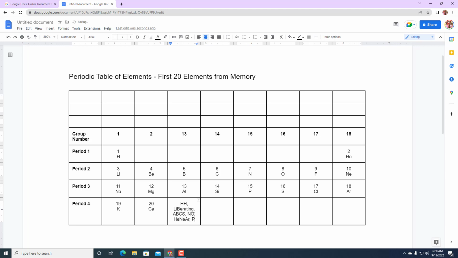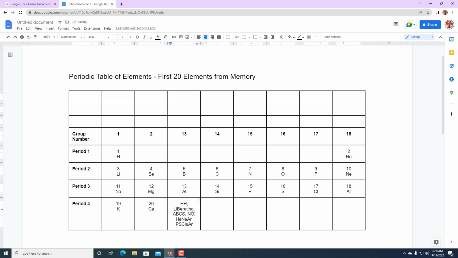So P's clear, Cl, Ar. So just some ways to remember some of the element abbreviations and where they are.